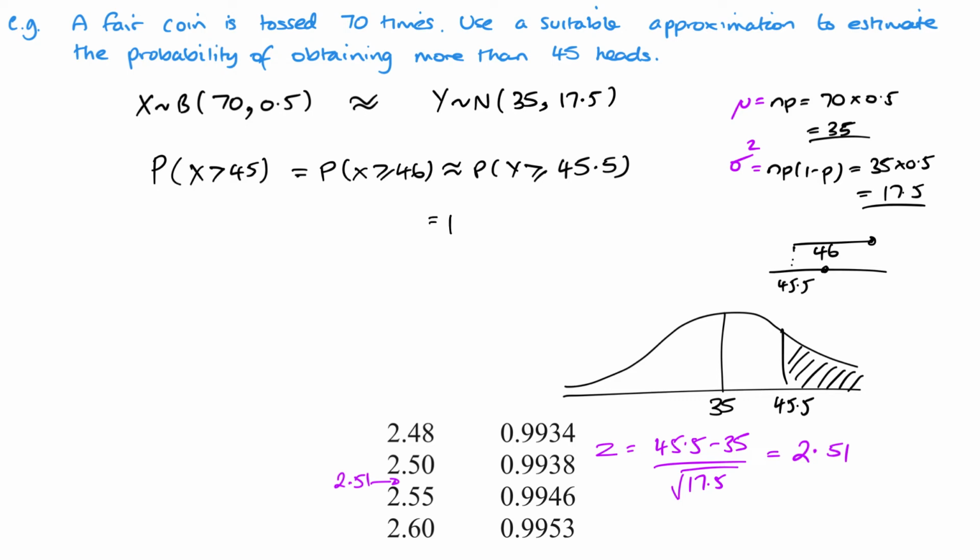So if I come back to my tables, sorry, I've started writing in purple and we don't want that, do we? So we actually want 1 minus the probability when y is less than or equal to 45.5. So we got 1 minus 0.99396, which is very small, isn't it? 0.00604, tiny.